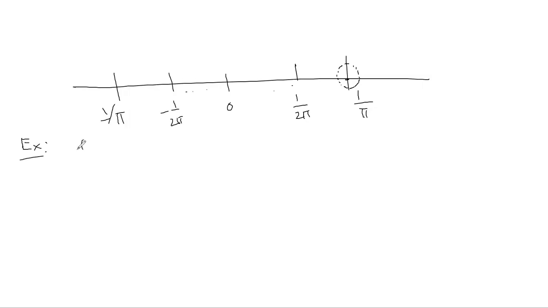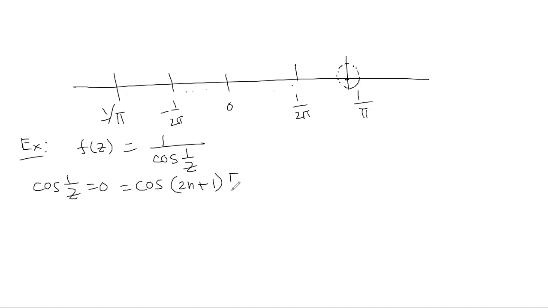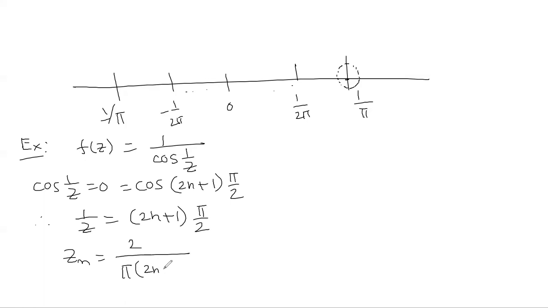Next, let us take 1 by cos(1/z). To determine the singularities of f(z), we'll equate cos(1/z) to 0. That is, 1 by z equal to (2n plus 1) pi by 2. So the singularities are z_n equal to 2 by (2n plus 1) pi for all n belongs to Z, and the limit point of this z_n is 0.